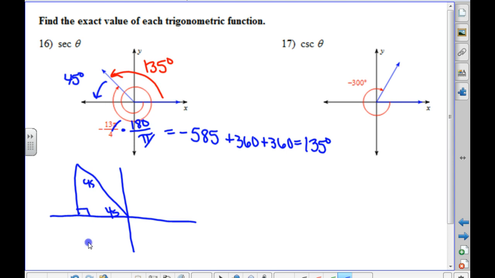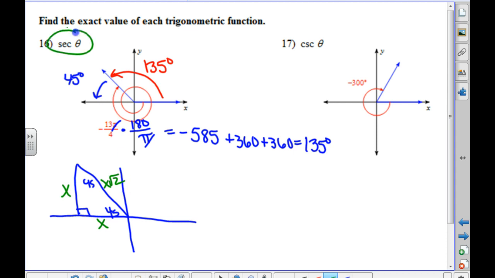You didn't think I put those at the top for fun, did you? The two legs are the same, so you can use one, and the hypotenuse is square root of 2. It's x, x, and x square root of 2. You can use 1 and the square root of 2. Doesn't matter, because the x's are going to cancel out when we do our ratio.